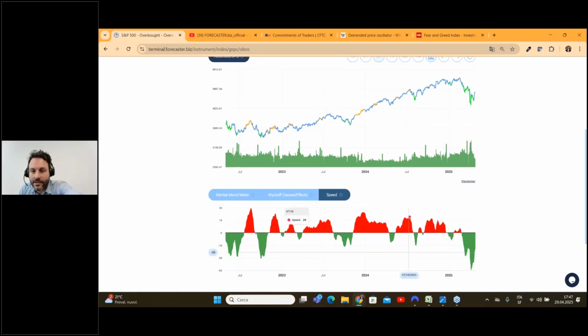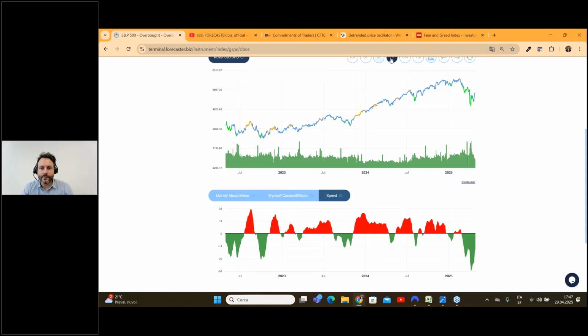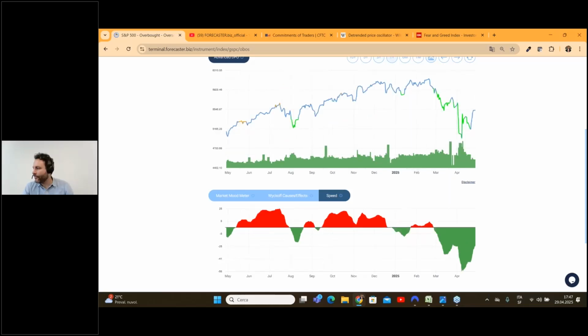And this is something really interesting because once you calculate the speed of prices, you can find some specific moments, for example, like it happened here on the top for the S&P 500, where the speed of prices starts to drop, but the prices continue to go up.